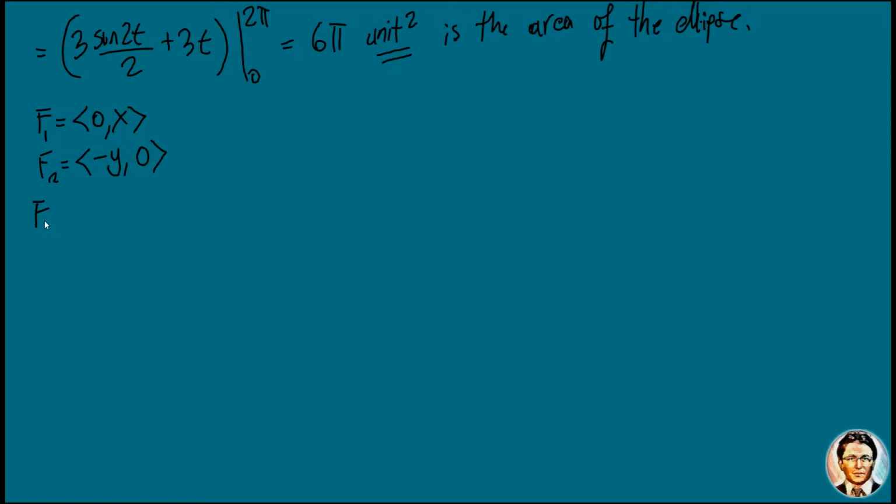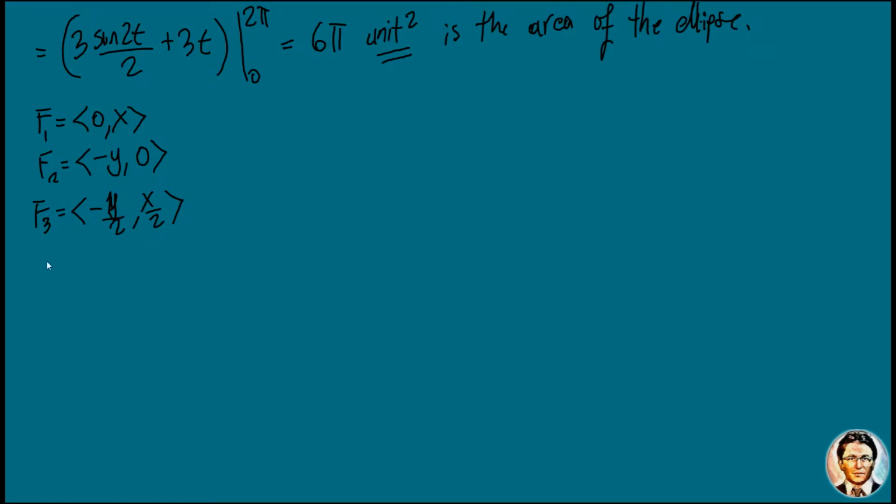Or you may choose different coefficients, like 1 over 2, so (negative y over 2, x over 2). This one will also satisfy the same property, Qx minus Py is equal to 1. It doesn't matter which vector field you choose.